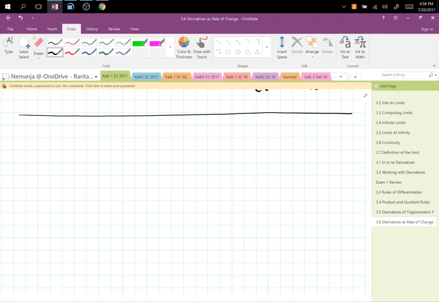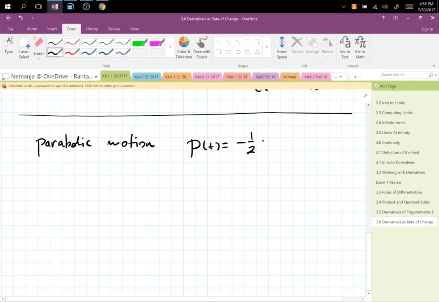We are going to start from acceleration and build this formula. So here I'm going to say for parabolic motion, I have the position function with respect to time to be negative 1/2 g t squared plus v0 t plus y0.